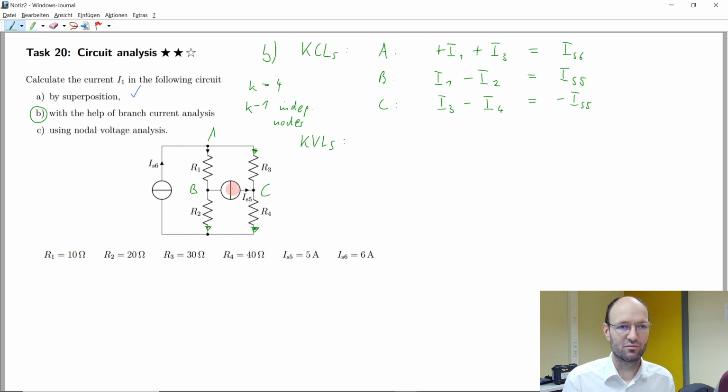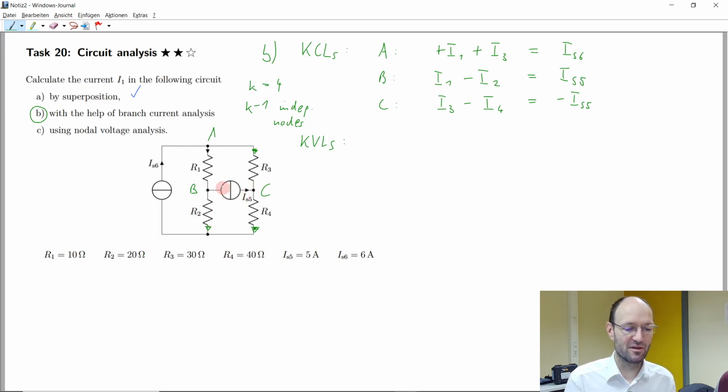So what would we need to set up to find independent Kirchhoff's voltage laws? Yes, there was this method with this complete tree. We were looking at the graph of this network, and we would need to find a connection of all the nodes, but there should not be a complete circle.